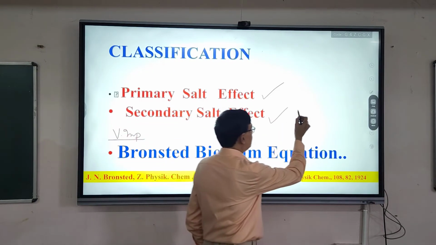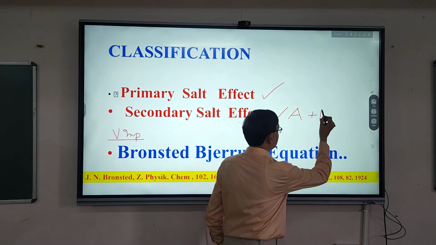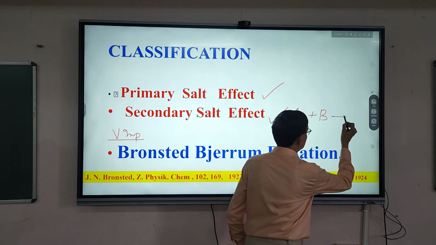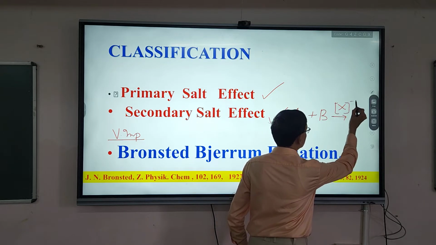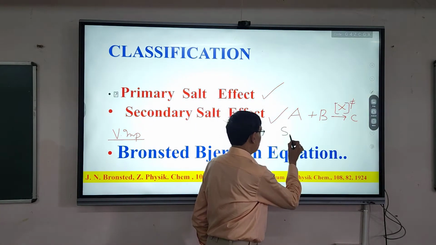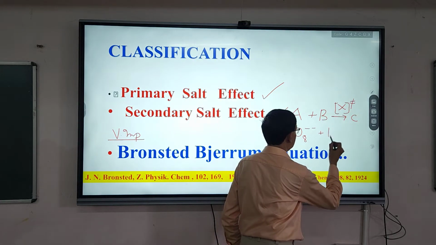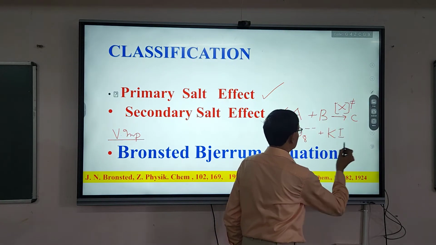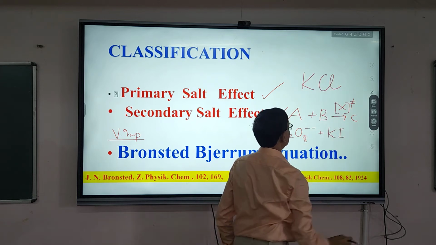Suppose I am using a system A plus B converted into C, of course through an activated complex. Suppose the potassium persulfate and KI reaction, and you are using potassium chloride, different types of electrolytes.